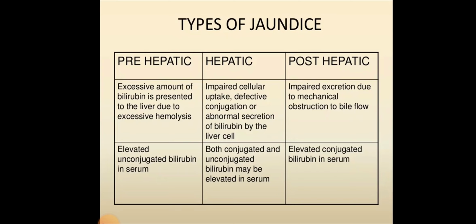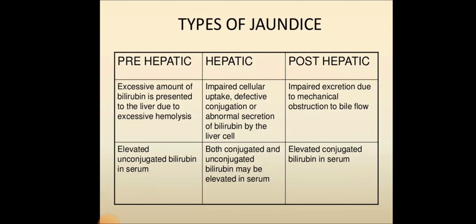So in hepatic, what does hepatic mean? Related to the liver. In this type of jaundice, there usually is a problem with the hepatocytes of the liver. The passage of bilirubin through the liver involves bilirubin reaching the liver bound to a protein called albumin.